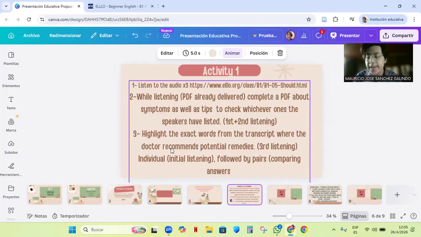This activity is individual. Do not forget that this is individual. After we have completed listening to the audio 3 times and we are done with these activities, we will do a pair work. We will compare the answers.